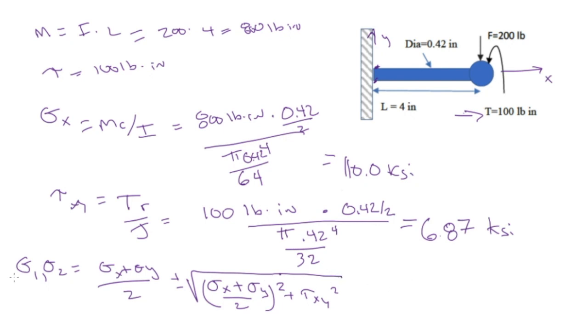So in this case, our sigma y stress is 0 because there's no stress in the y direction on the top of the beam. And so then we get, putting in the numbers, divided by 2.